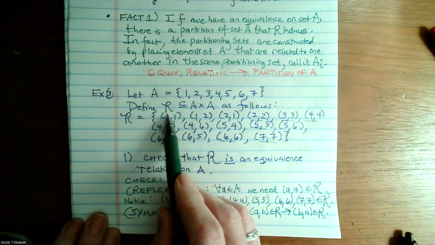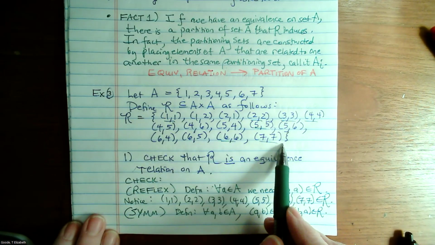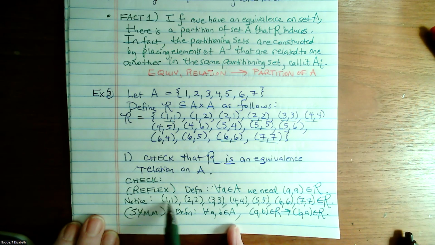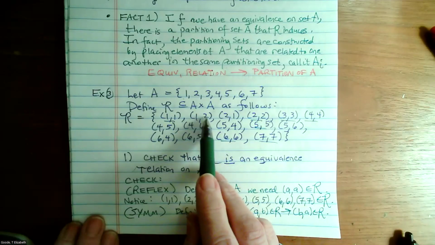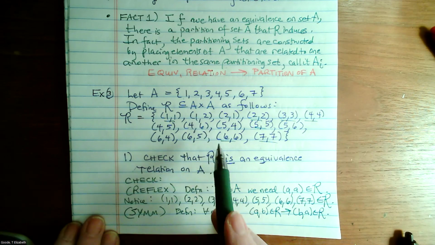As we scan through the elements of this relation, we don't even need to look at the elements that have the same first and second coordinates, because if a is equal to b, then both (a, b) and (b, a) are already in there. They're the same ordered pair. But for the other elements, where the first and second coordinates are different, there's something to check. We need to check that their symmetric twin is in there.